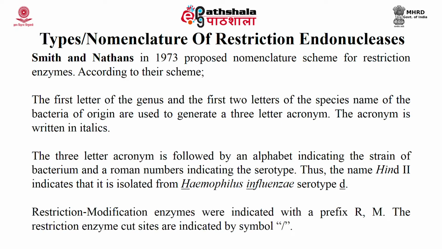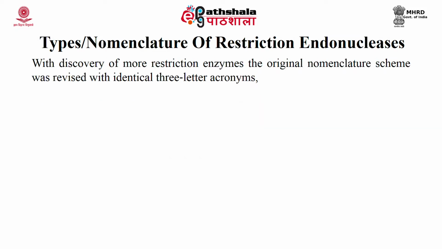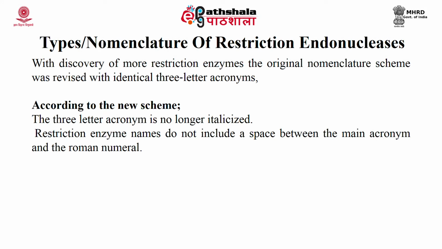Restriction modification enzymes were indicated with a prefix RM. The restriction enzyme cut sites are indicated by the symbol /. With the discovery of more restriction enzymes, the original nomenclature scheme was revised. According to the new scheme, first, the 3-letter acronym is no longer italicized.